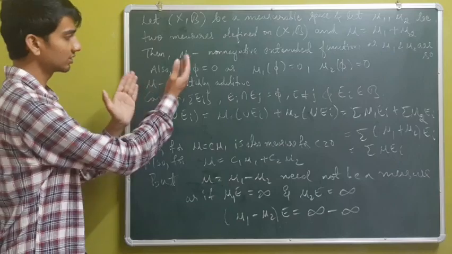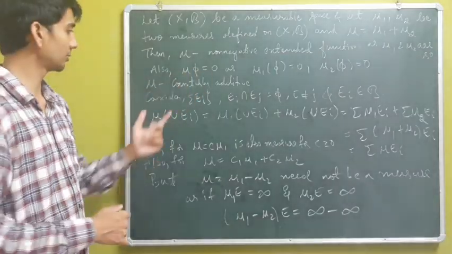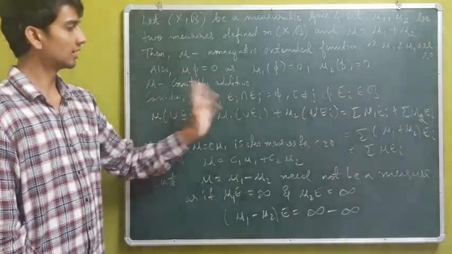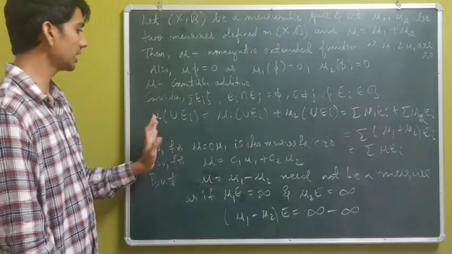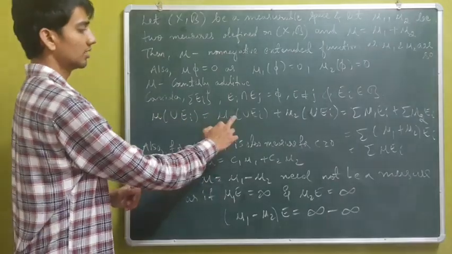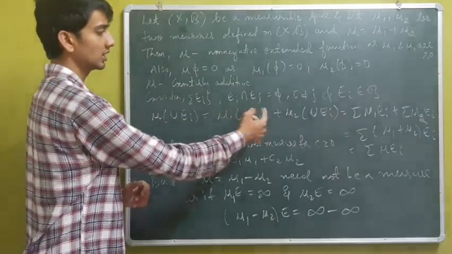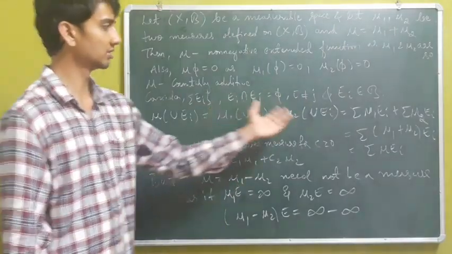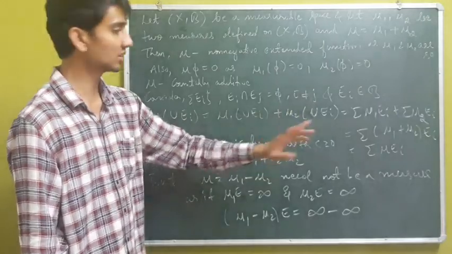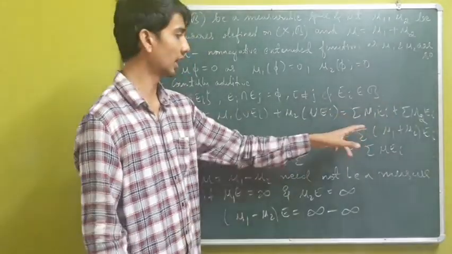And finally, mu is countably additive, because if I consider any sequence of disjoint sets Ei, which is a member of the collection B, I have measure of union of Ei to be mu1 of union Ei plus mu2 of union Ei, which is same as summation, because since mu1 and mu2 are measures, those are countably additive.